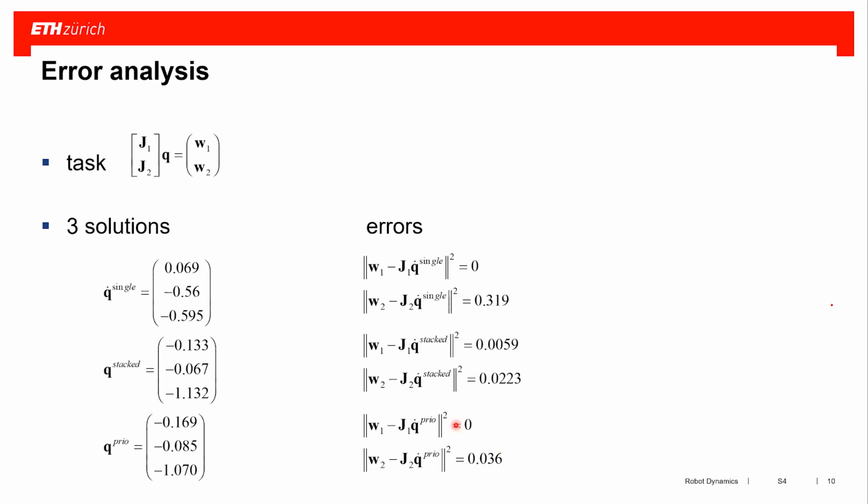So the sum of these 2 errors is larger than the sum of these 2 errors. That's how you can start balancing different tasks against each other, different priorities. Some you have to make sure are for sure fulfilled, others you don't care too much.